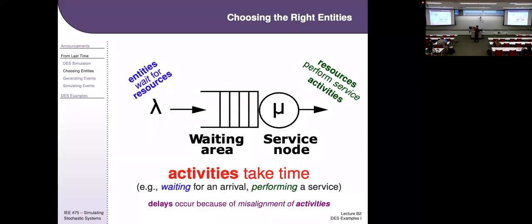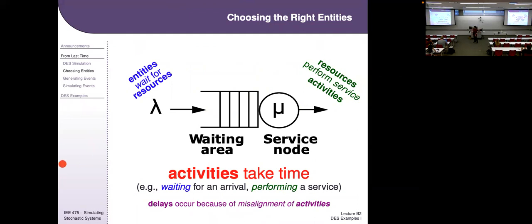And so if we look at this generic diagram of a queuing node, then we would say that the resource is the server. The activity is the service time it takes to get through the server. The entities are those arriving to get into the server that might have to be queued up as they wait for it. And the activities take time, and so the time spent in the queue is a delay. So that's a generic version of anything you can model as a queuing system.